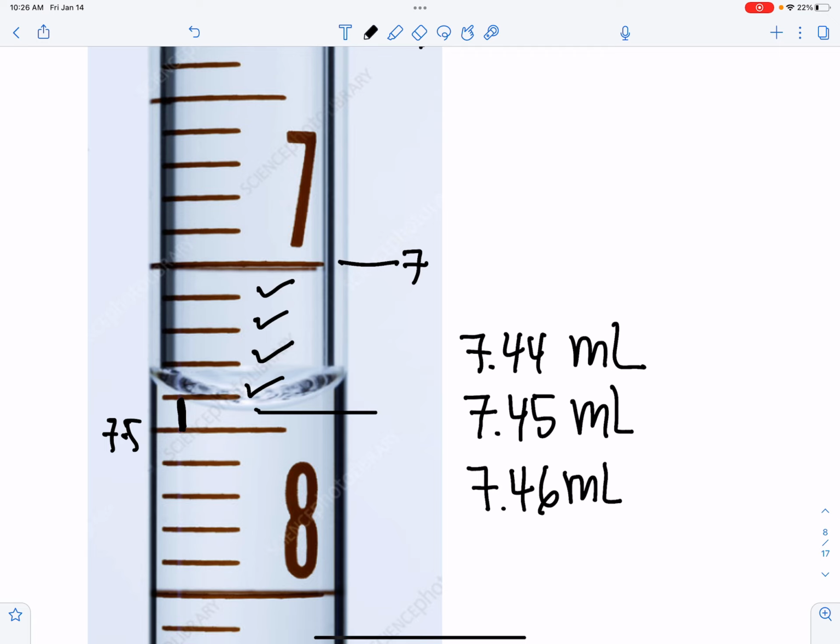So what lines do we have? 7.4 and 7.5. So we know the 7 is significant because we know for sure it's 7. We know that the 4 is significant because we know it goes past 4. And that's the same for me. Everybody's agreeing on that. So we call those certain digits. The ones everybody can agree on, that's what we call a certain digit.